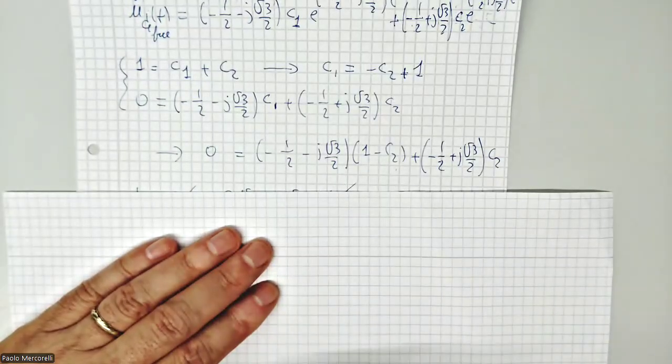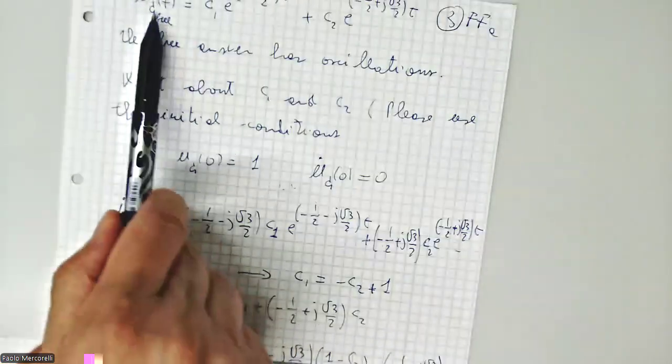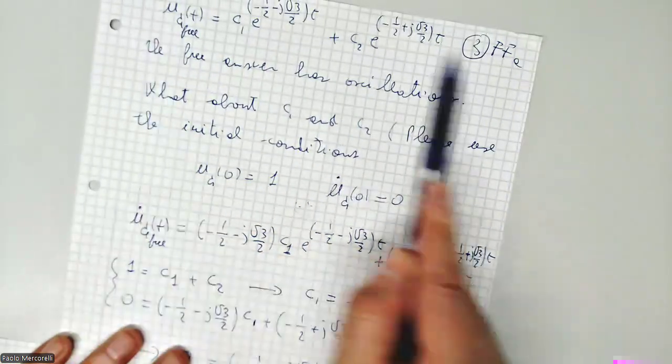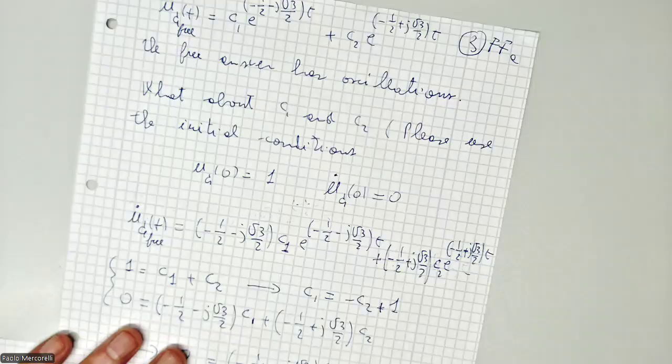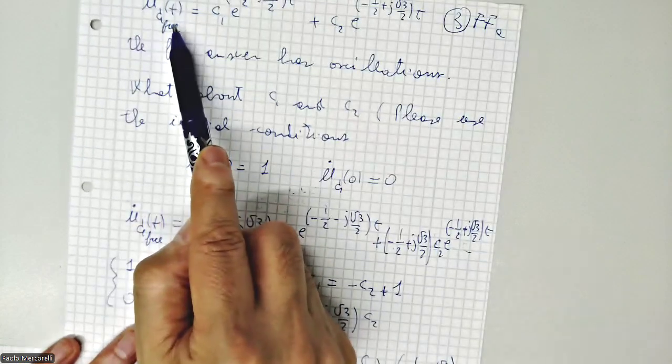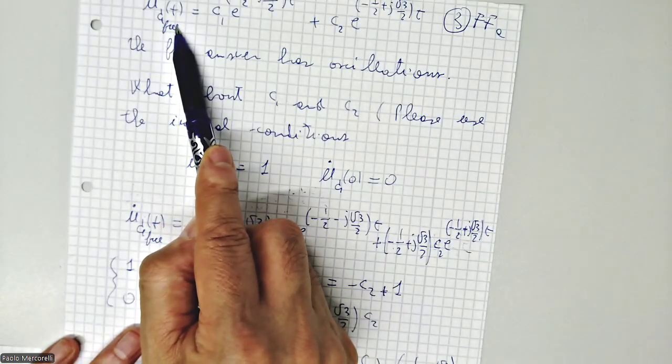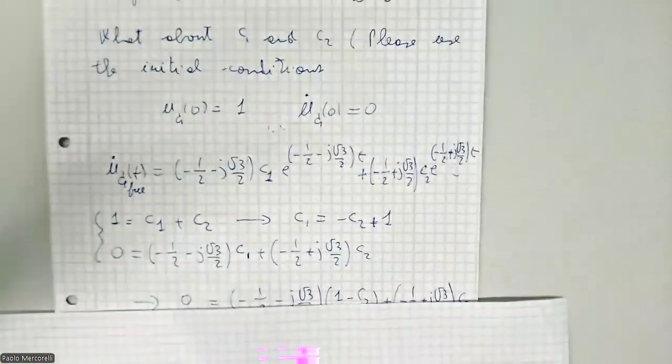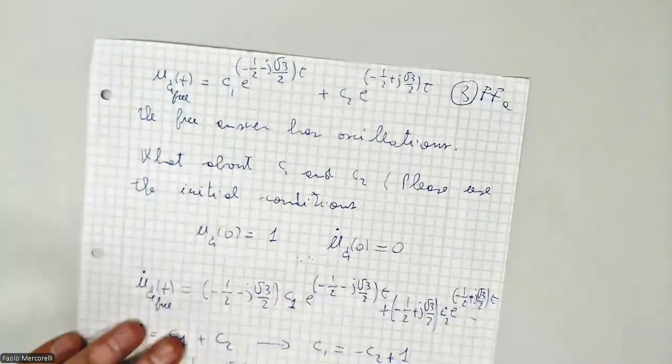The idea is to calculate C1 and C2 in order to obtain univocally the free answer, how the internal energy evolves for given internal energy from the point of view of the capacitors, but reflecting the energy everywhere.